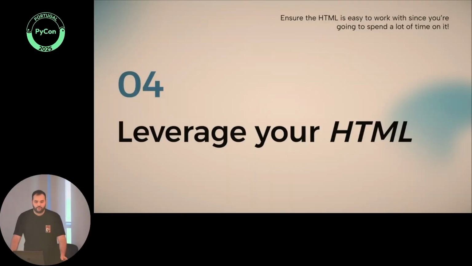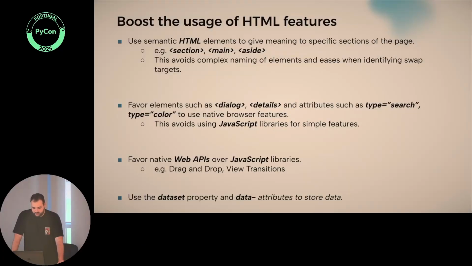Next, how to use HTML in a good way, especially for these kinds of apps. So take the HTML-first approach. As stated yesterday in the accessibility talk, always use semantic elements such as section, main, aside. This is good because divs everywhere don't identify parts of your UI.